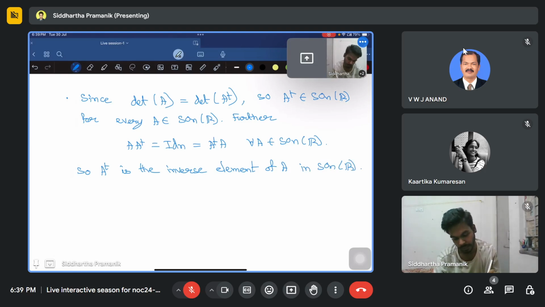And finally, the associativity property holds because it's a subset of GL(n,R).